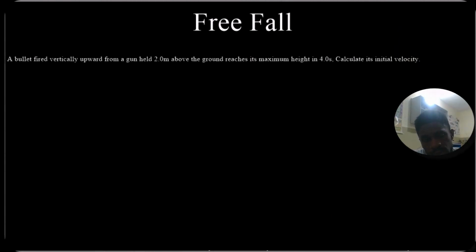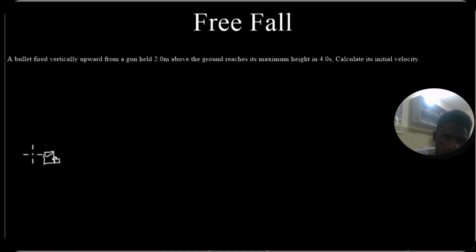So for our second question, we're told that a bullet fired vertically upward from a gun held 2.0 meters above the ground reaches its maximum height in 4.0 seconds. Calculate its initial velocity. So firstly we want to sketch, like I said. Let's assume this is our gun. You have to pardon my sketch, it's not accurate.